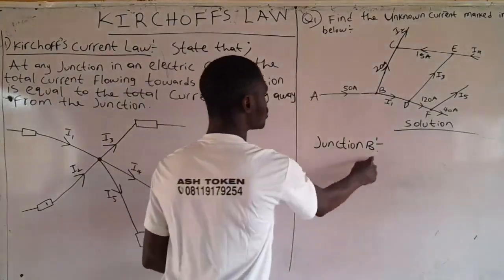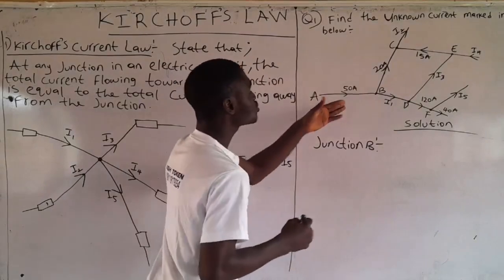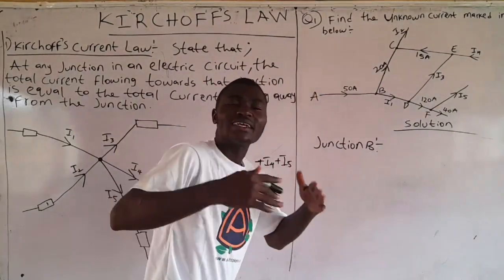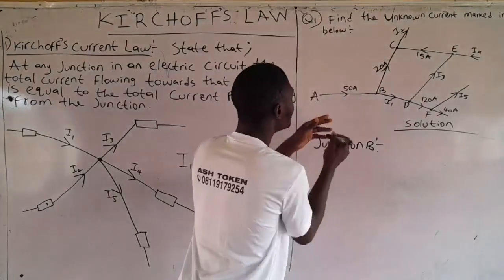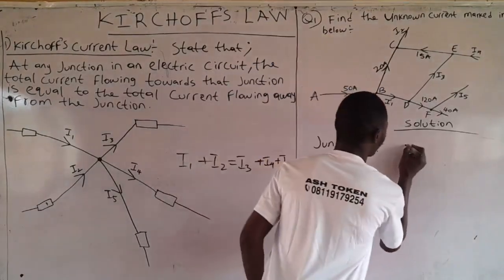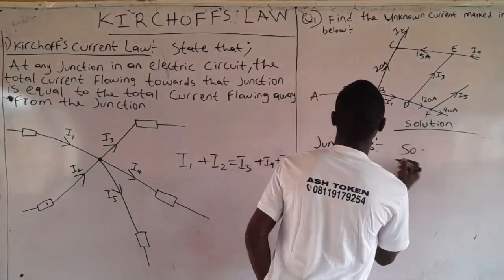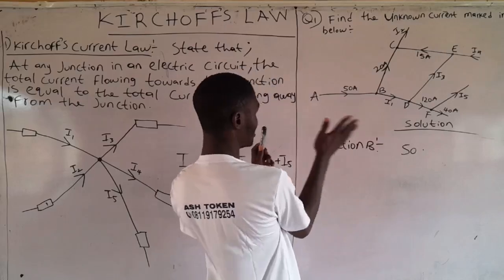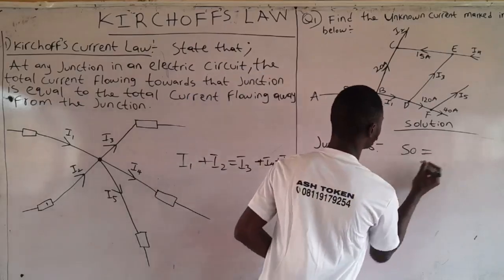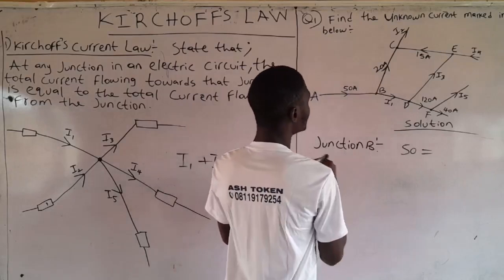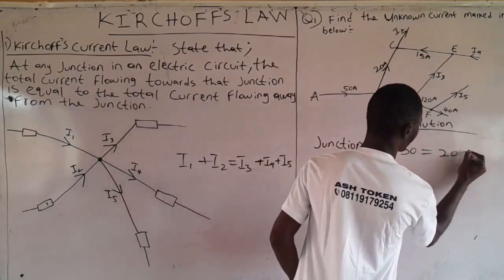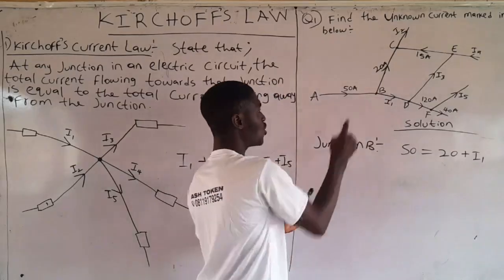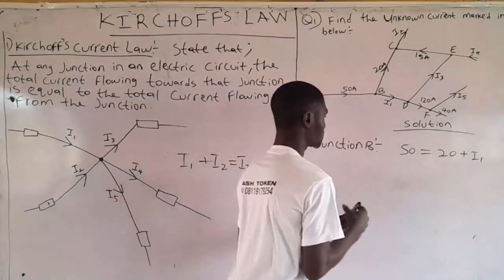Now, for junction B, the total sum of currents entering the junction: I'll have to look for the current that is entering the junction. Now, 50 is entering the junction, so I'll say 50. Nothing else is entering. So 50 is equal to 20 plus I1, because 20 amperes is leaving, while I1 is also leaving.